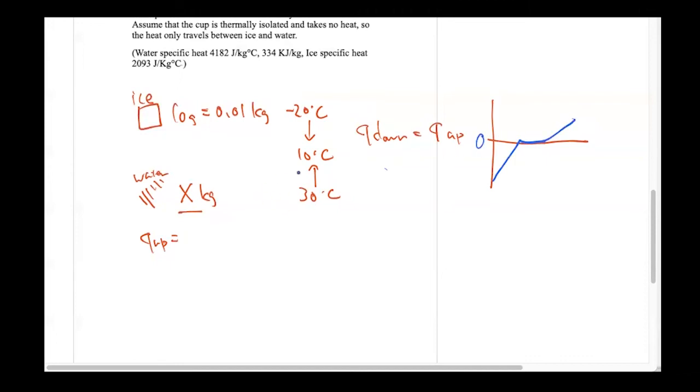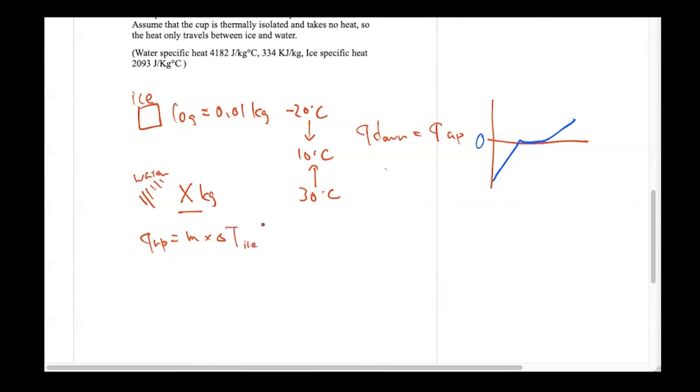So this ice went through 3 processes. The first process is the rising temperature of ice from negative 20 Celsius degree to 0 Celsius degree.